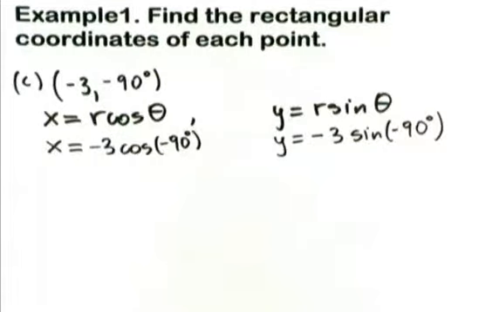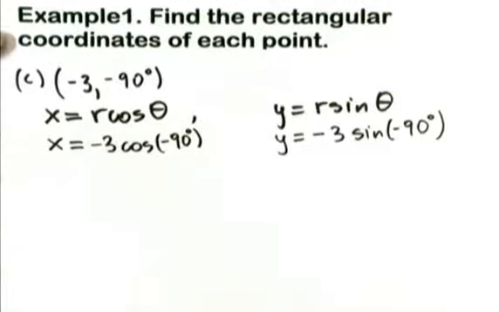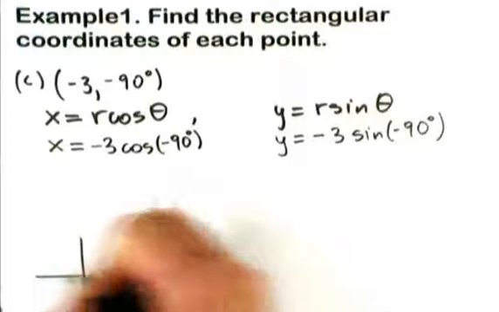We can either use the graph, the cos curve and sine curve, and go to the negative, or use the properties. Okay, the cos curve has a V shape.